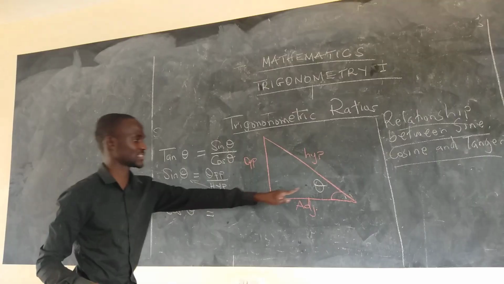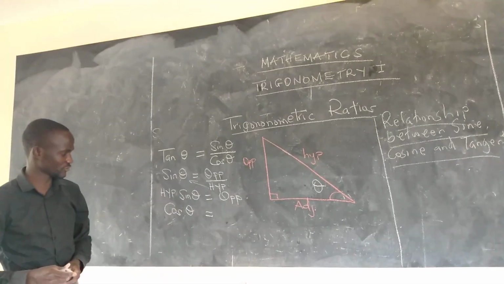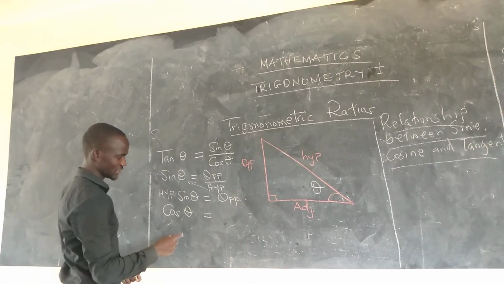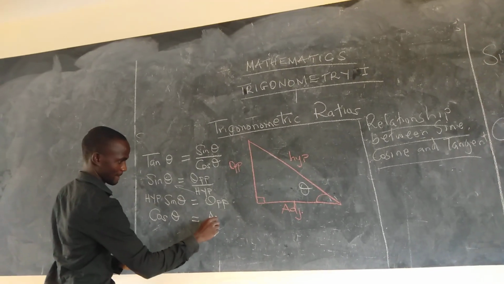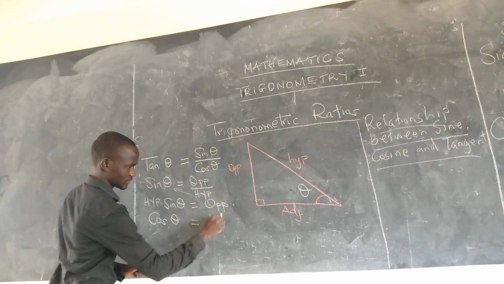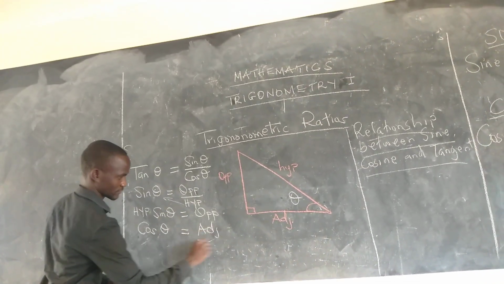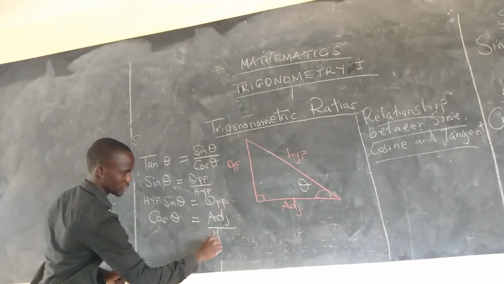Then the cosine theta, still making reference to that right angle triangle, the cosine theta is equal to the adjacent over the hypotenuse.